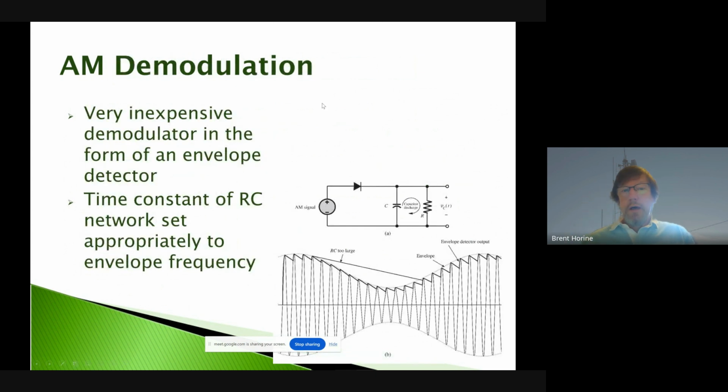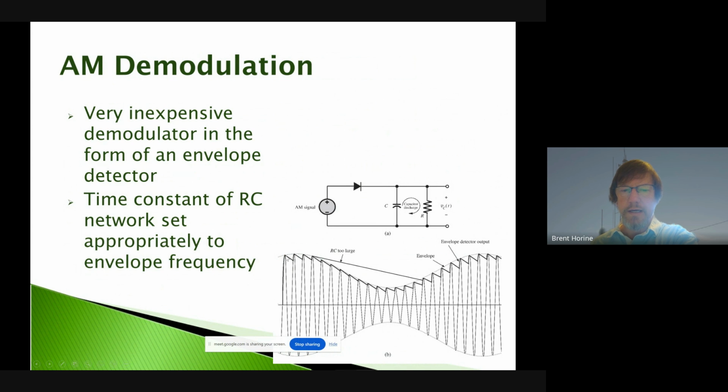All right, now how do we demodulate this? I've got to really hurry up here. We're going to use a diode and an RC network, and we're going to set the time constant of this RC network such that as the signal goes through this diode, it only pulls off the positive peaks.